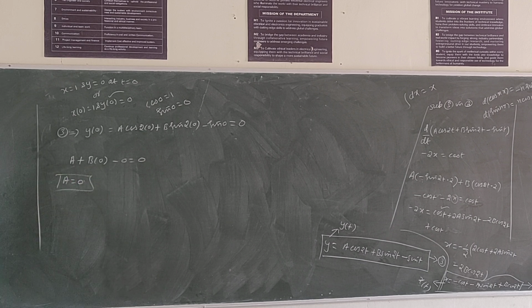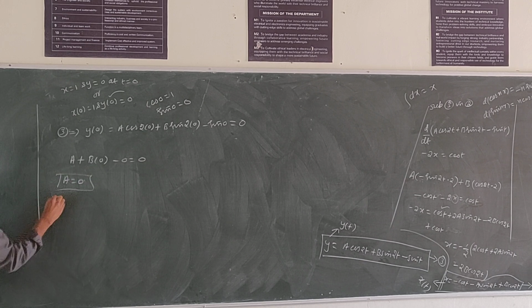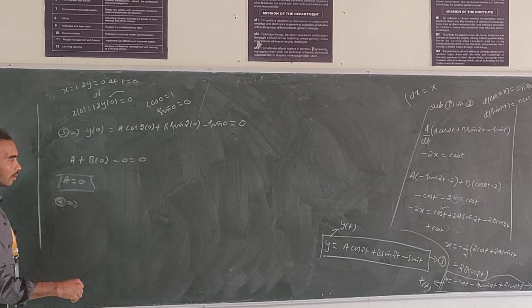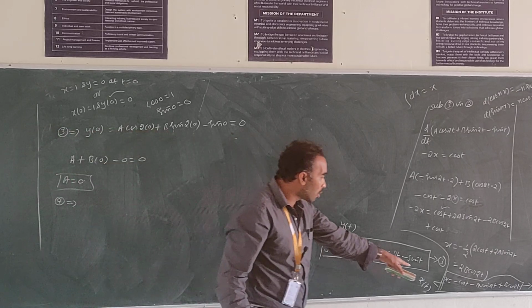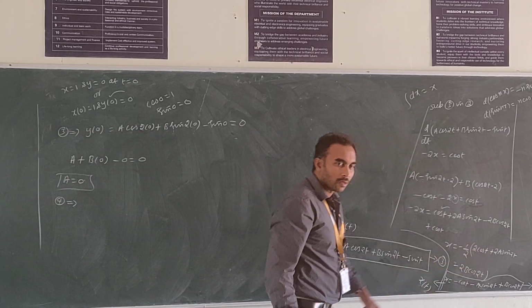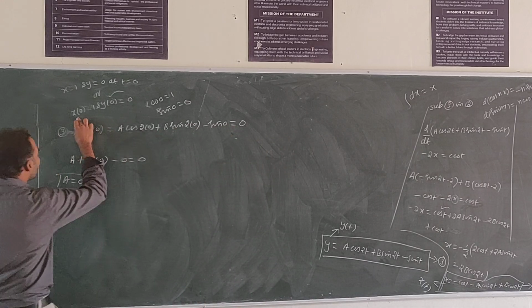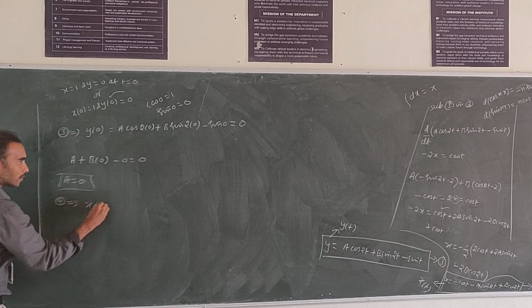So the value of a is 0. Next, from 4, x of t equals this value. We have to calculate x of 0 equals 1.